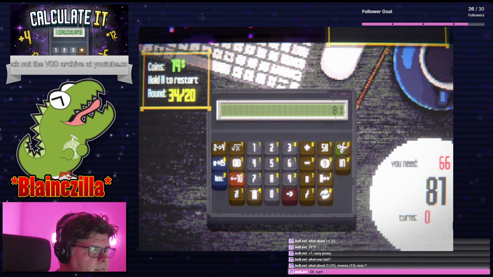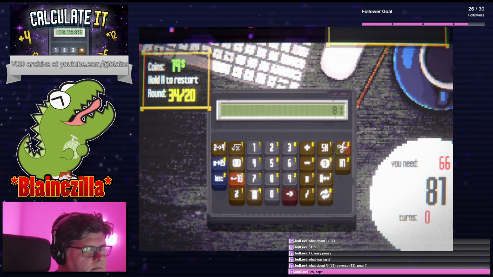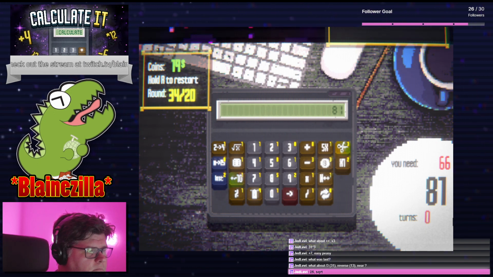Cut will get us to 6. That doesn't do anything.